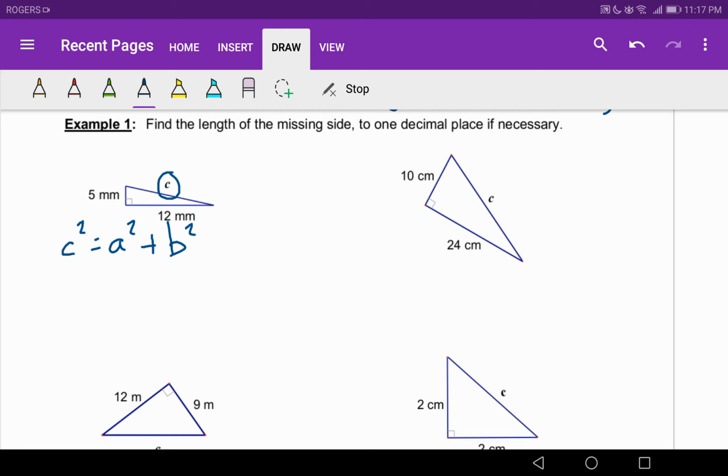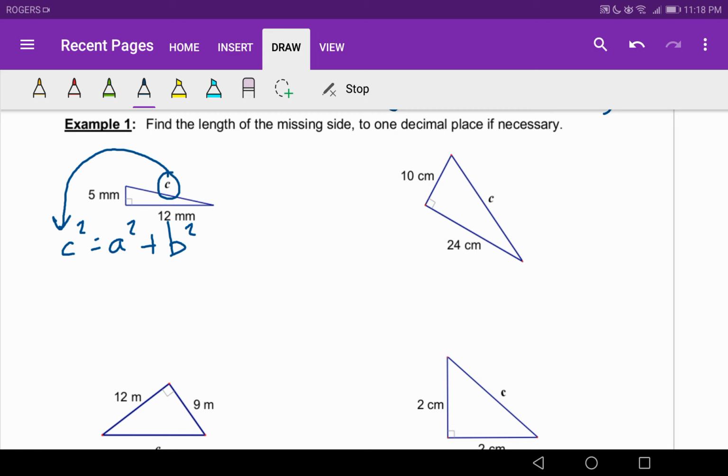So straightforward enough. I'm going to leave C squared as it is because that's what I need to solve for, right? I need to solve for C. So I'm going to leave C the way it is. But for A and B, I can substitute values in for A and B, right? What's my A and B?